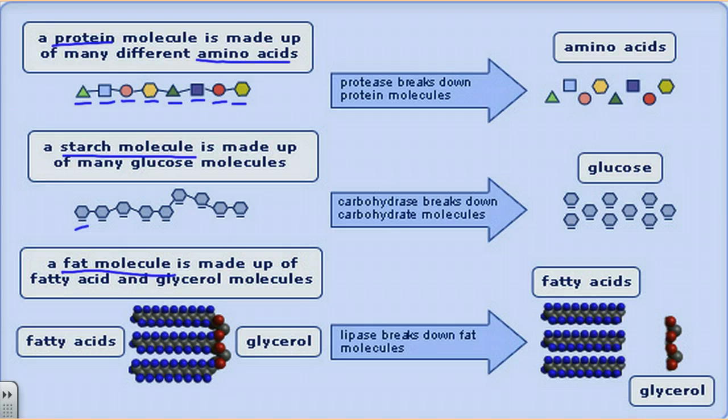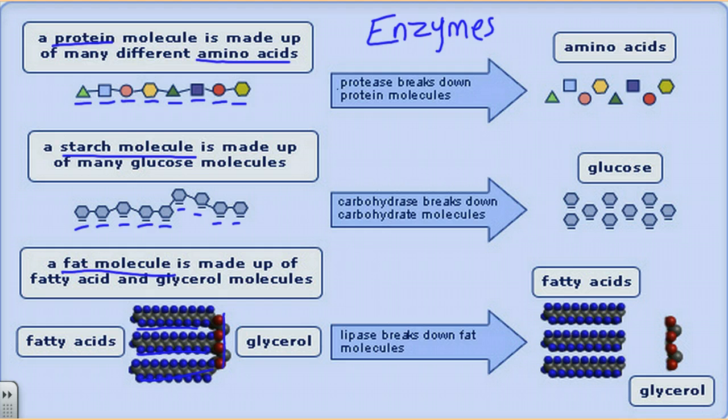I'm going to use these shapes to represent carbohydrates, and I'm going to use this in the future to represent a fatty acid. These molecules, as you can see, are too large for our body to diffuse, so we use enzymes to break them down into smaller particles.